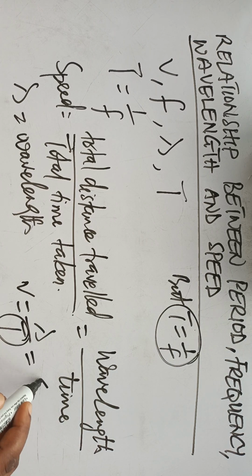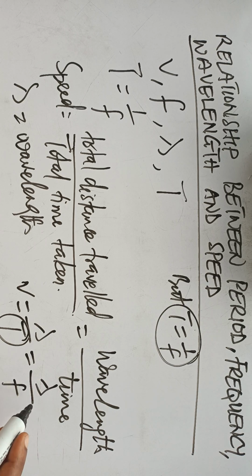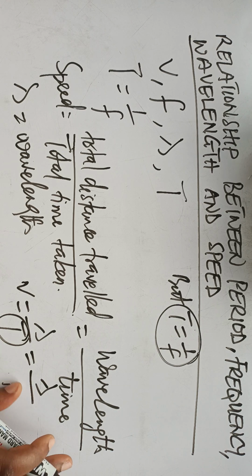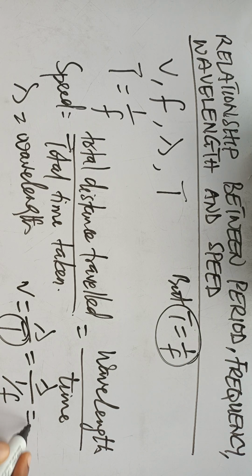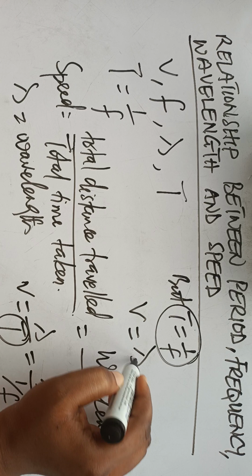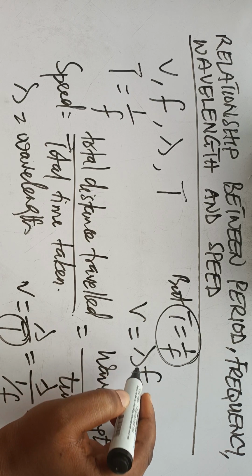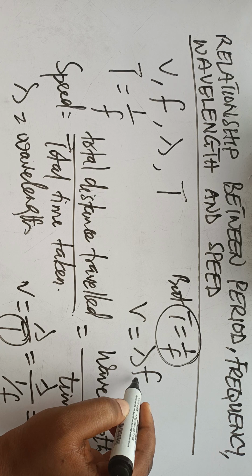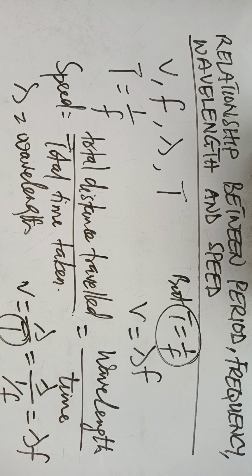It's equal to wavelength over 1 over f, and by so doing, we end up having this being equal to lambda f. So our speed now becomes lambda f, where lambda is our wavelength, f is our frequency, and v represents the speed of the wave.